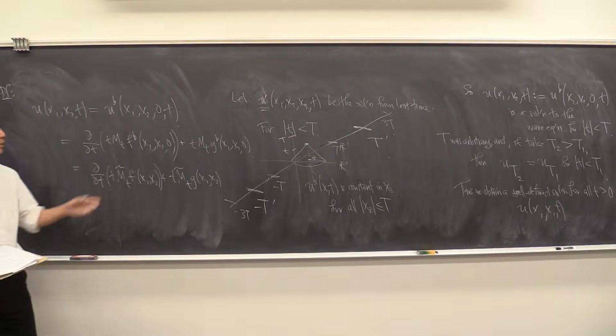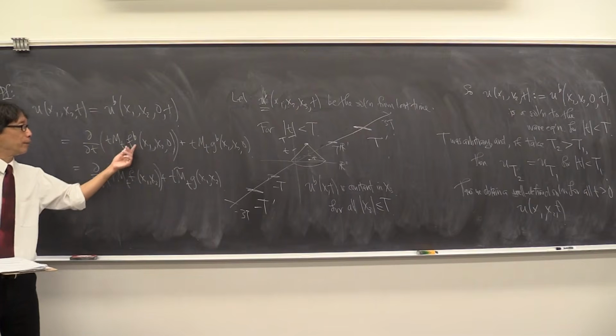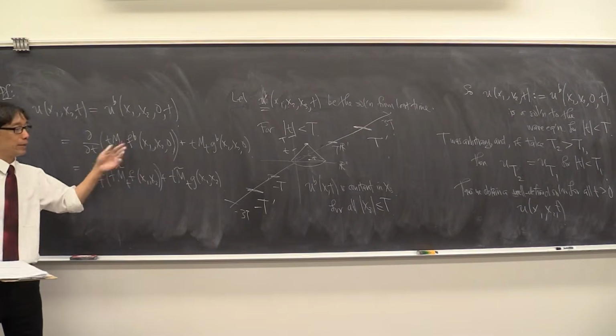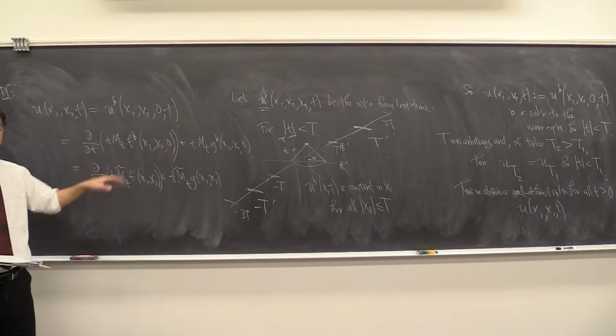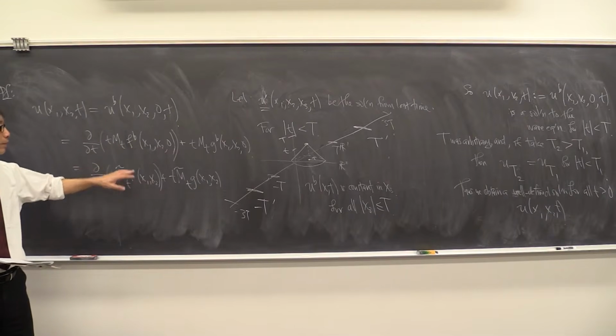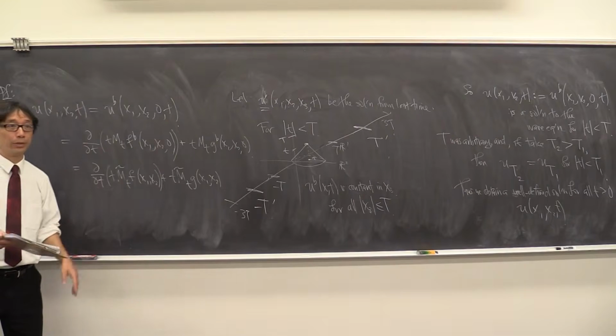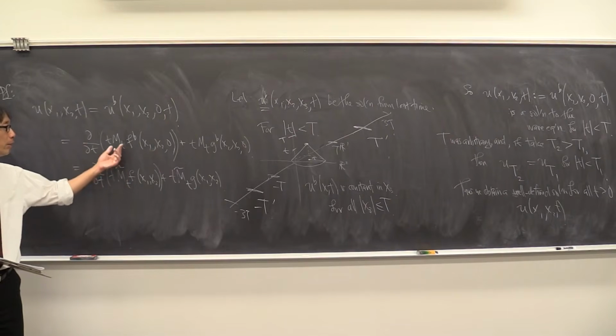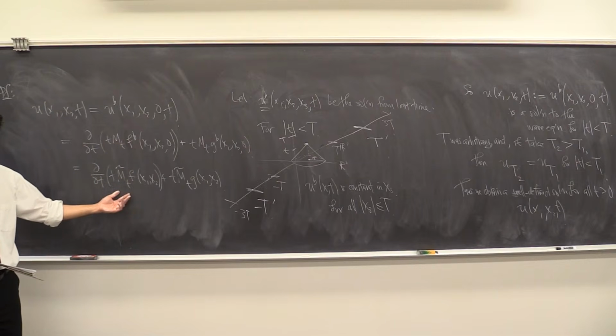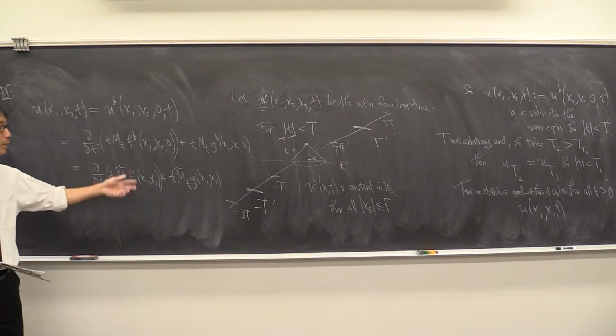Because f flat is just the extension of f in the third variable, and within the bounds that we're looking at, it's constant.